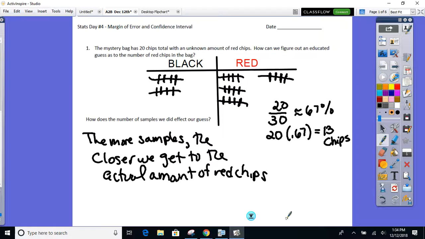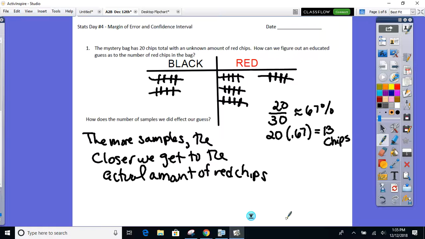Ready to see how many chips are red chips? That's it.